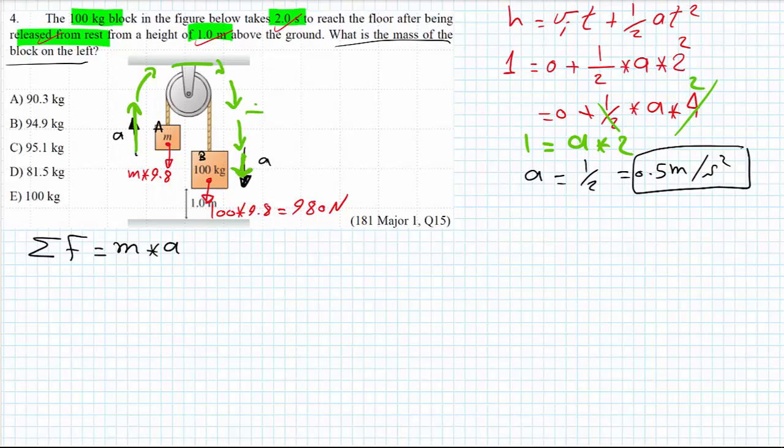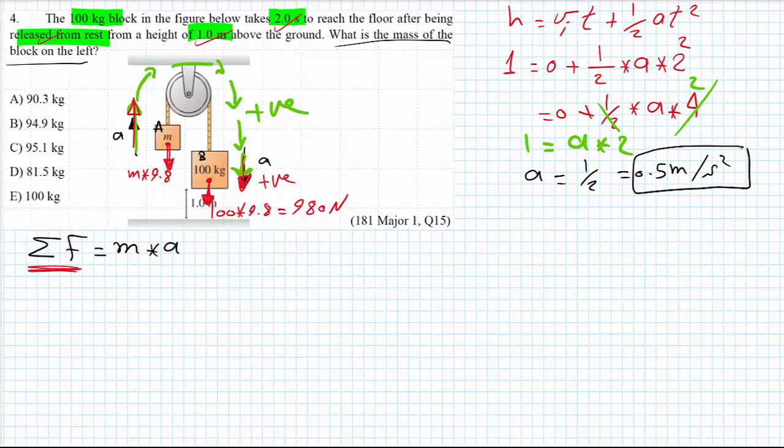So this is the positive direction of the acceleration. That means for the 100 kilogram, the weight is in the same direction as acceleration. So I consider it a positive force. For the other one, the weight is opposite to the direction of acceleration. That means it's a negative force.